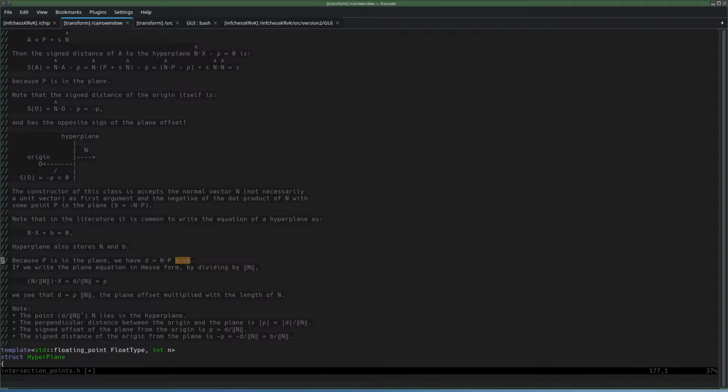Because P is in the plane, we have n dot p plus b equals 0, which follows that b is minus n dot p.